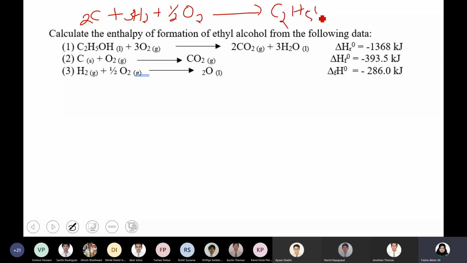So the first thing you will do is look at the reactant and product sides of all the equations given. You can see C2H5OH in the first equation is on the reactant side, but in the required formula it is on the product side, so you need to reverse the equation. So equation 1 is reversed.